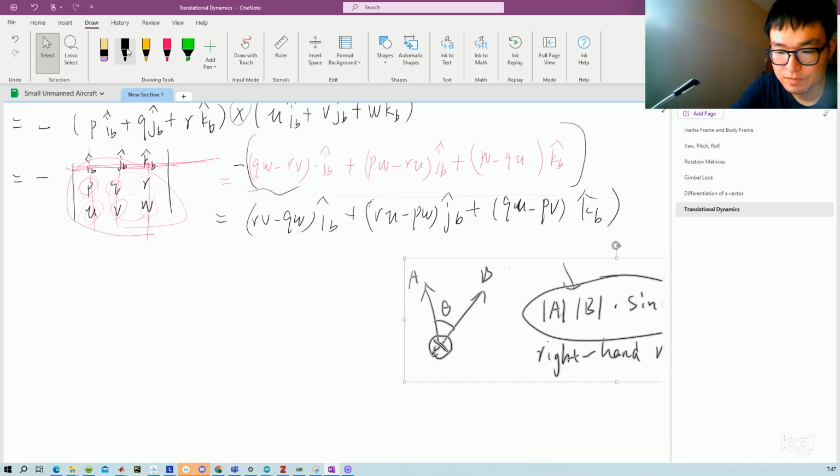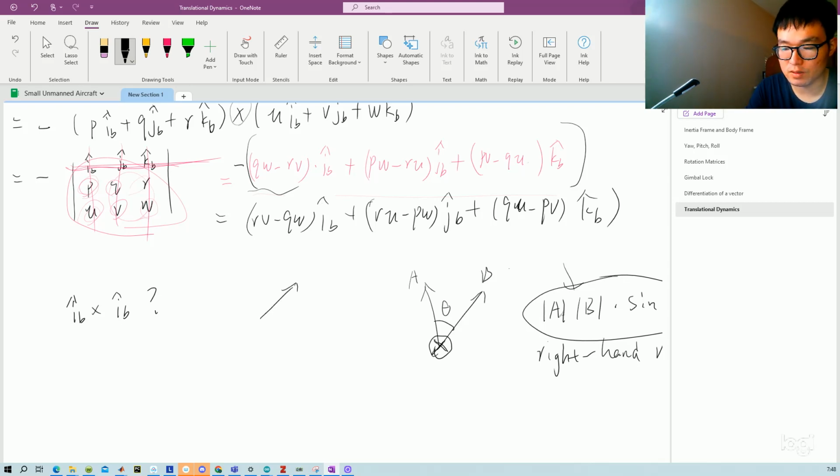If we utilize that, looking at the unit vector IB cross product with itself, what is it? Just as a review, these are the unit vectors of the body frame, IB, JB and KB. They are essentially the x-axis, y-axis, and z-axis.